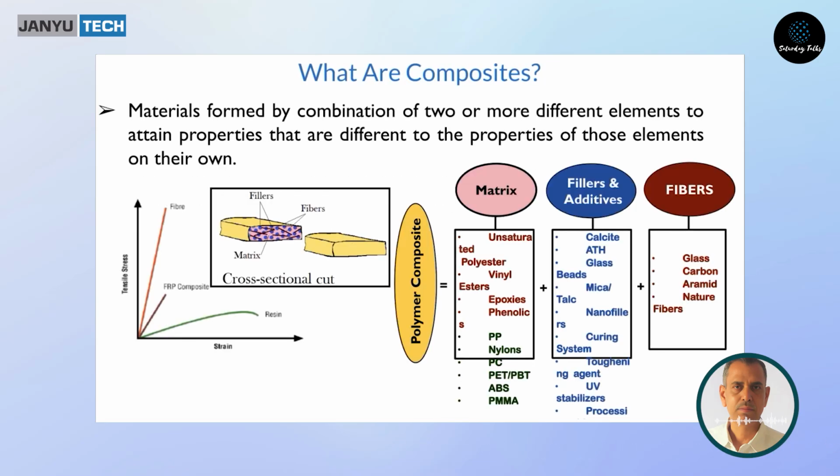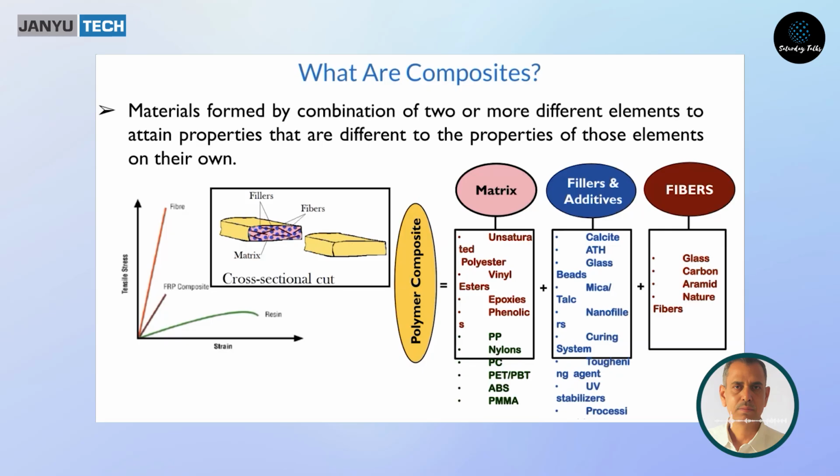If you see the first slide, the graph of tensile stress and strain, from here we get a lot of information: the individual fiber stress-strain curve, the resin stress-strain curve, and the composite stress-strain curve.